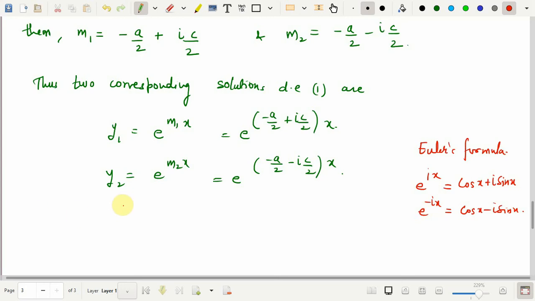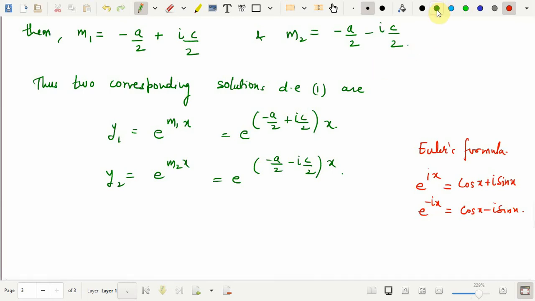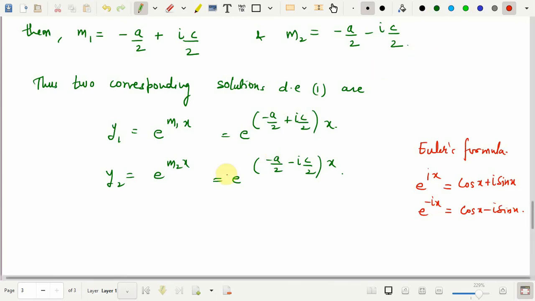So I construct a solution as per my requirement. Because I'm looking for the real solution, I'll take a linear combination of these two solutions in such a way that I get the real solution at the end. In fact, y1 and y2 are also solutions to the differential equation, and you can check that they are linearly independent solutions.